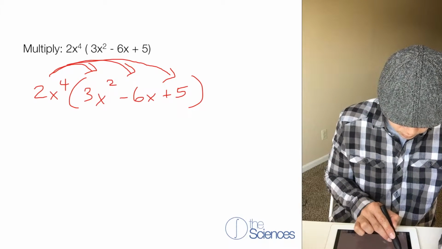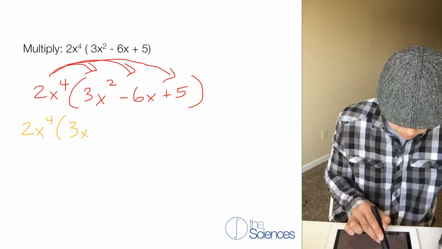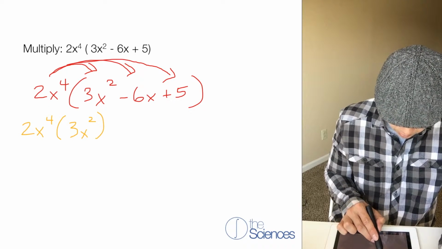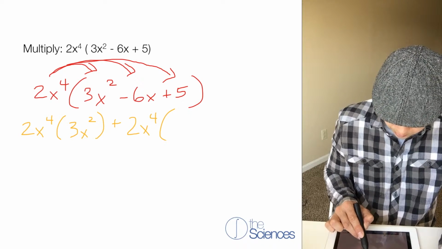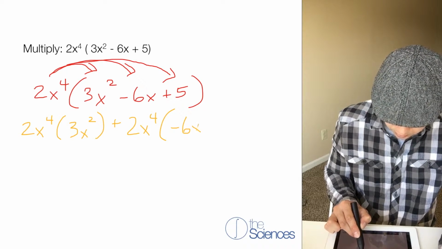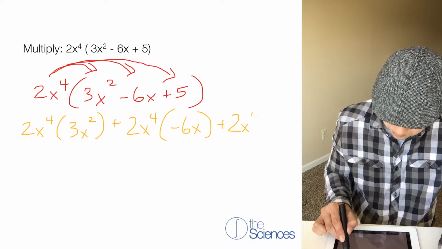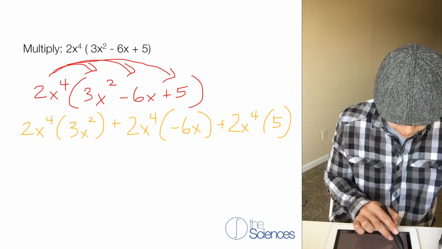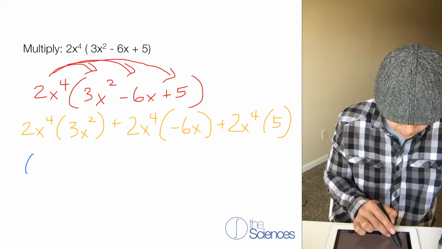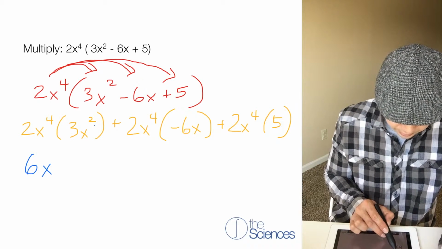So here we have 2x to the 4th times 3x squared, plus 2x to the 4th times negative 6x, plus 2x to the 4th times 5. Now we have 2 times 3 is 6, and then x to the 4th plus 2 is x to the 6th.